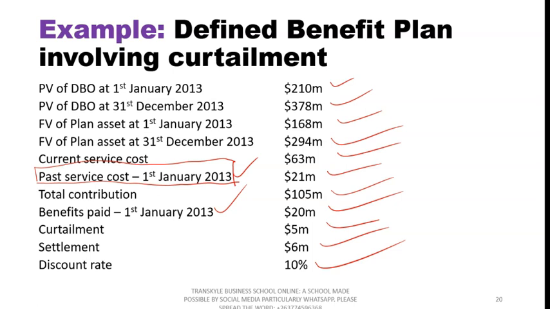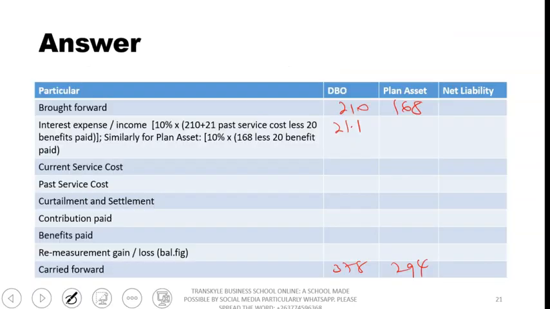So the values at the beginning of the year have to be adjusted, taking into consideration the past service cost. So we have to increase the opening values with the past service cost, but we also have to reduce that figure with the benefit that has been paid. This is why I'm saying you need to say 210 plus 21 less 20, which is the benefit that has been paid, and you're going to have your 21.1.